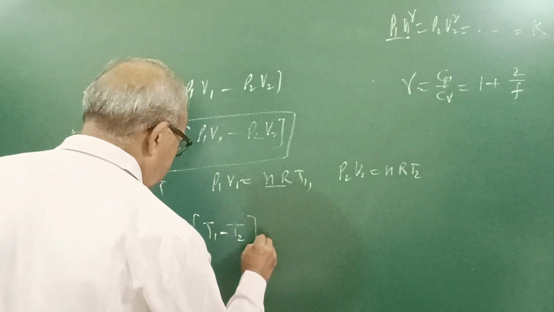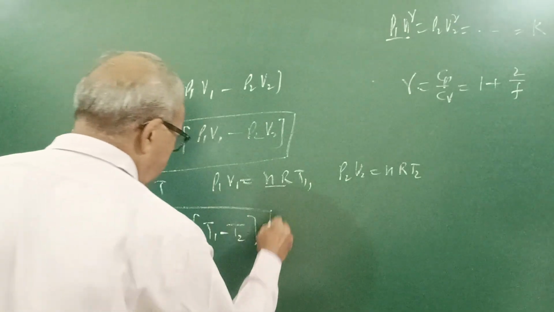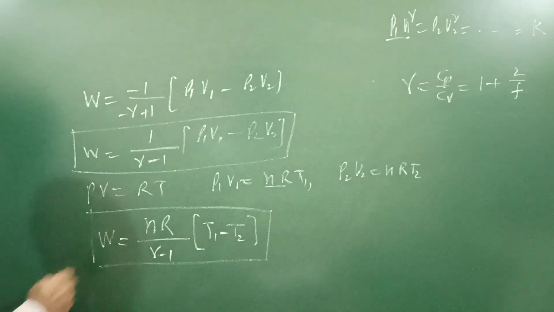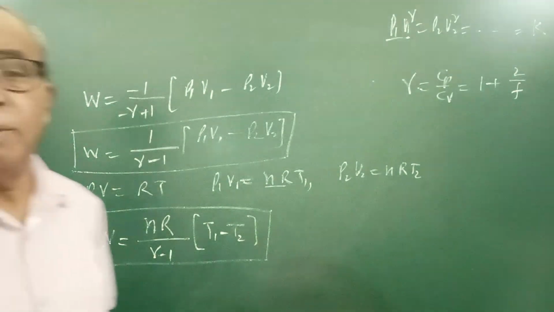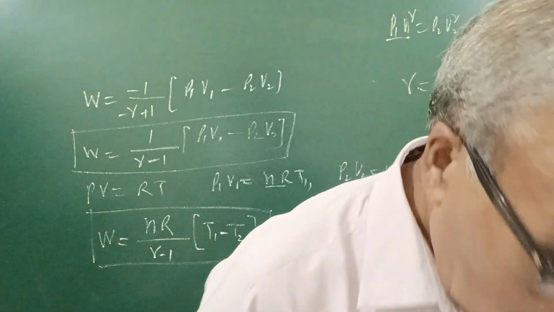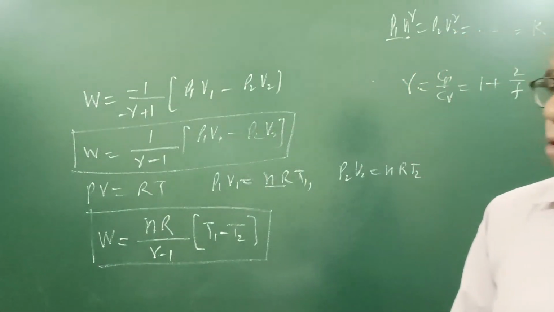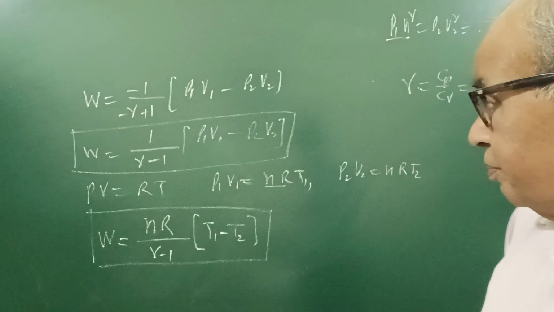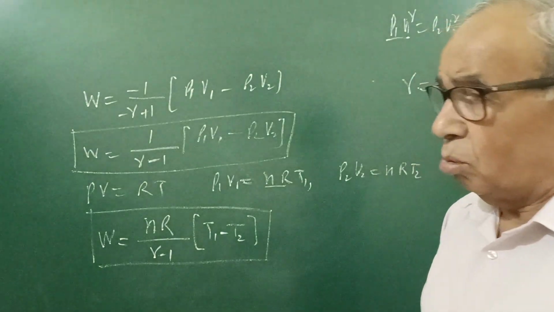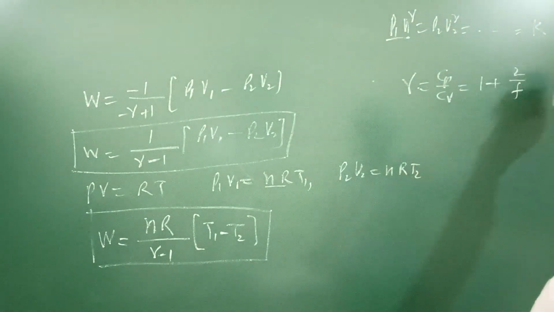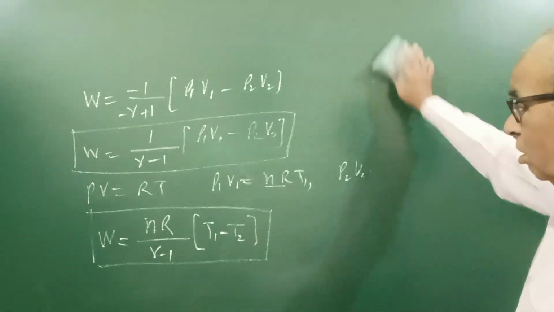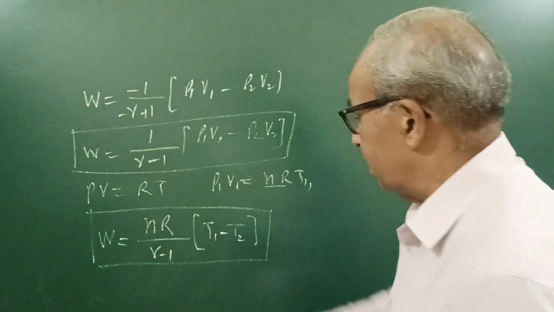This is also an expression for work done by an ideal gas during an adiabatic process. You know, in an adiabatic process, heat is neither given out nor taken in. So internal energy certainly changes and hence temperature will change.